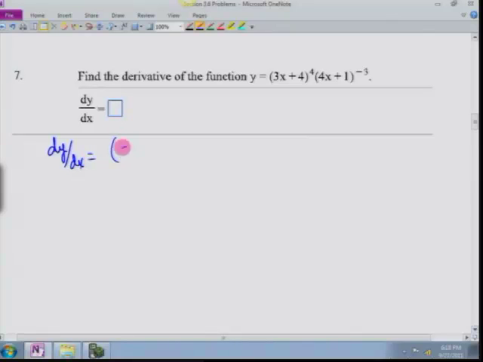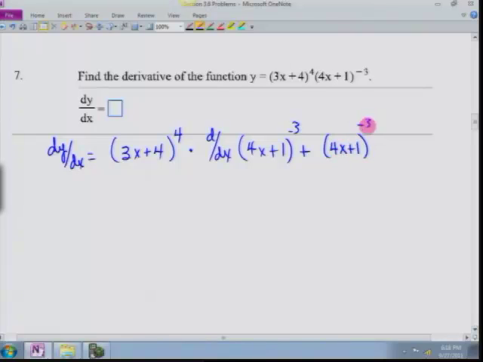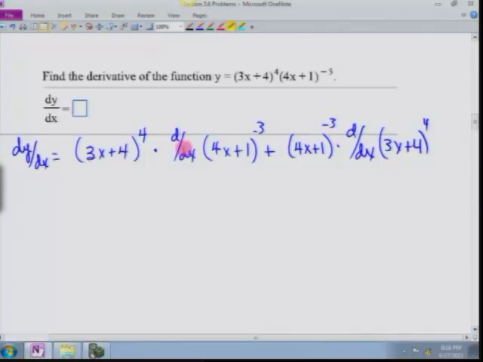So we would have 3x plus 4 to the 4th times the derivative of this piece plus this piece times the derivative of that piece. Okay, so we're really only taking the derivative here and here. So we got 3x plus 4 to the 4th times what?